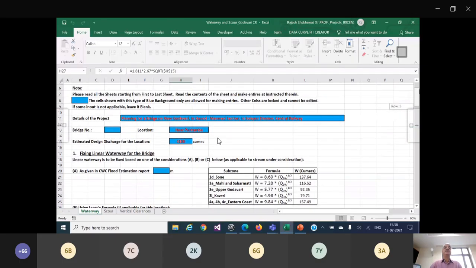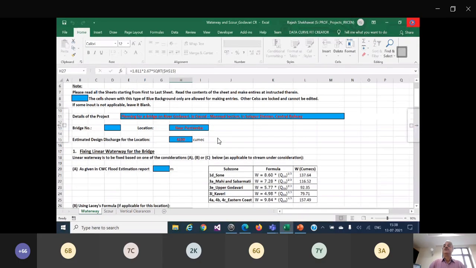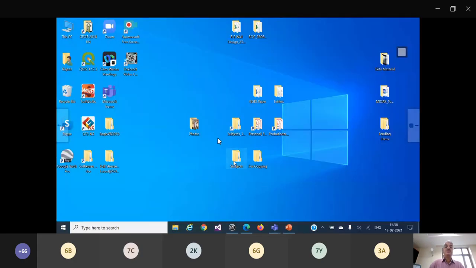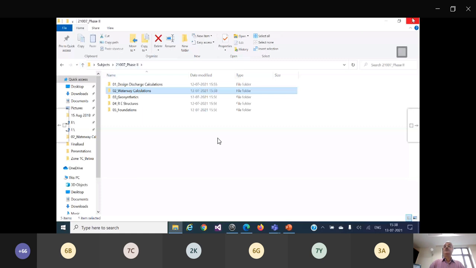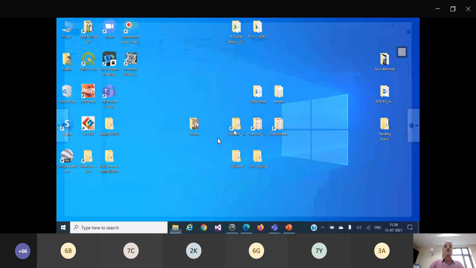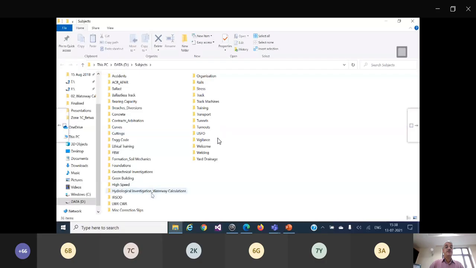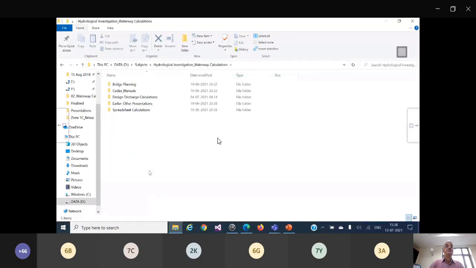Oh, this was another example. Let me solve this example for you. This is for Godavari. Where is this case?